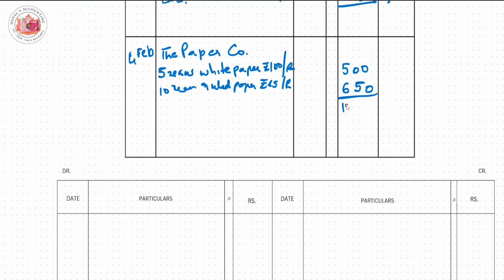So my total is 1150 less trade discount at 10%, 115. So if I subtract 10% of 1150, I will get 1035.